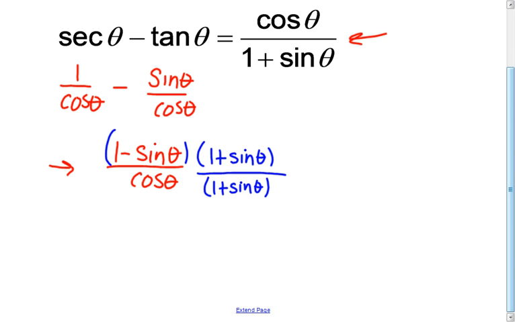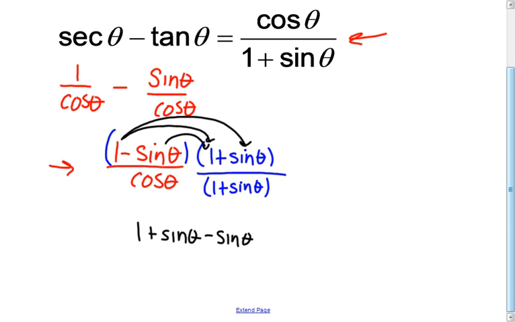Okay? On the top now, you are going to need to FOIL that out. So 1 times 1 we know is 1. 1 times sine is sine. Negative sine times 1 is negative sine. And negative sine times sine is negative sine squared.